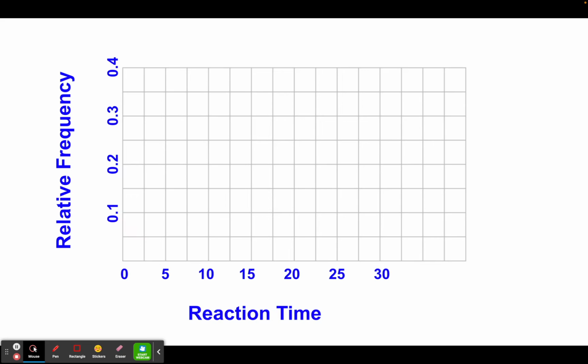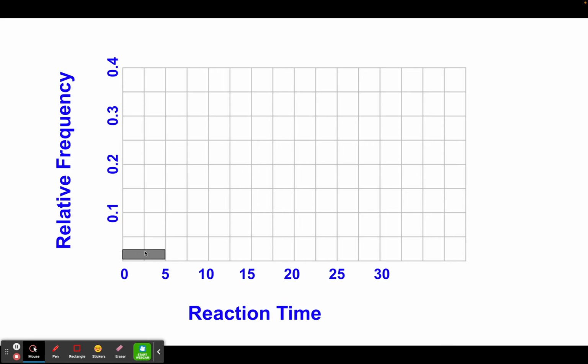Now, my first class, remember, went from 0 to 5, even though I only had one value in there and it was a 3. I'm going to make my first bar stretch all the way from 0 to 5. And that has to have a height of 0.017. So just do your best to estimate approximately where that would be. And with histograms, it's really important that your bar fits the entire class.